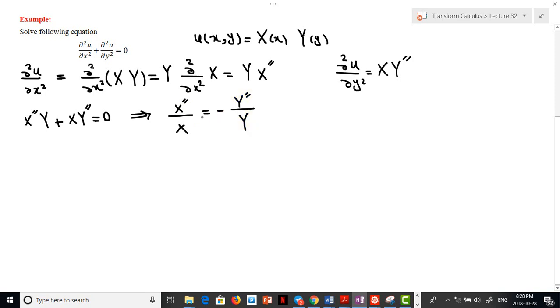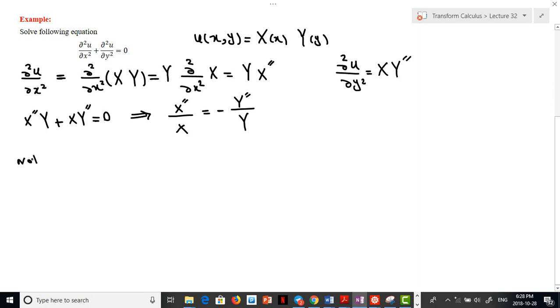In fact, they are equal, but they are functions of two different variables. The left hand side is a function of x, and the right hand side is a function of y. So we have to see under what condition two functions with different variables are equal.